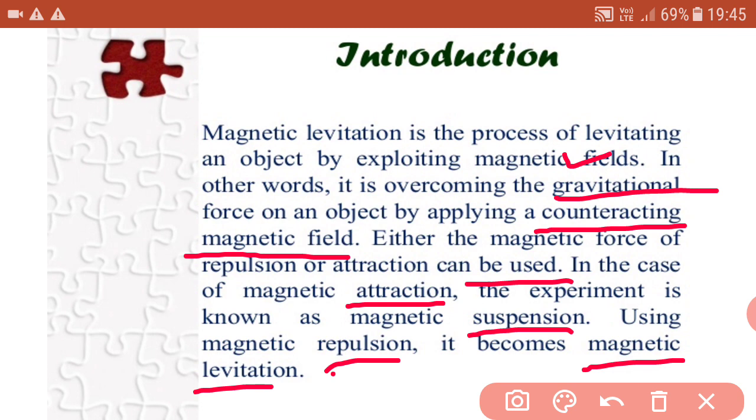So for suspension we are using attraction force, and for magnetic levitation we are using repulsion force. Here we are discussing magnetic levitation, so there will be a repulsion force.